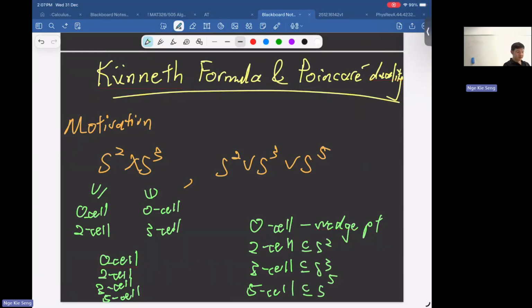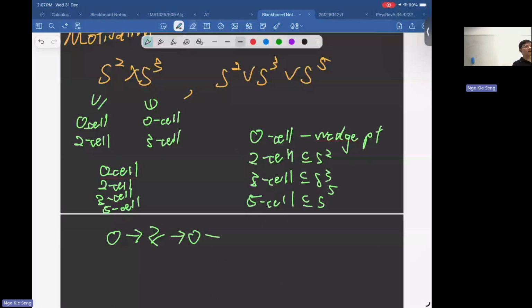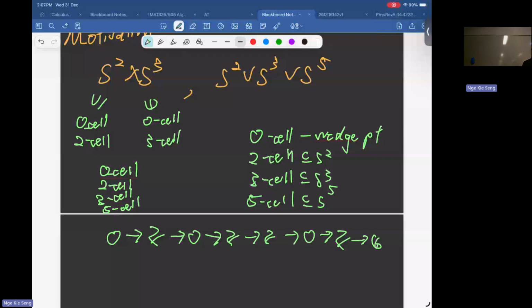Then you can see that their chain complex looks something like this: 0 to Z, to 0 to Z, and then to Z, to 0 to Z. One of the non-trivial maps that could occur is this map here, but it should be 0. On the wedge side it's clear because you are not gluing S3 to S2, you just glue along the constant map.